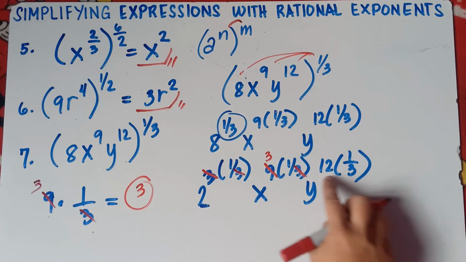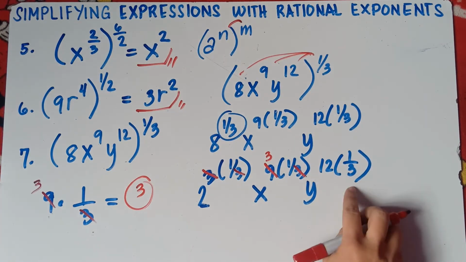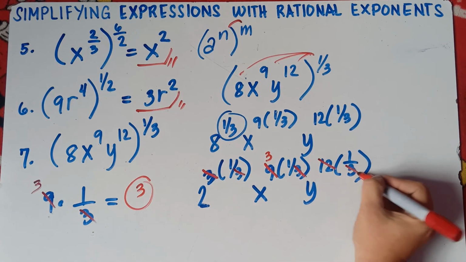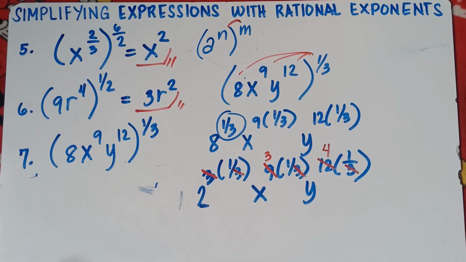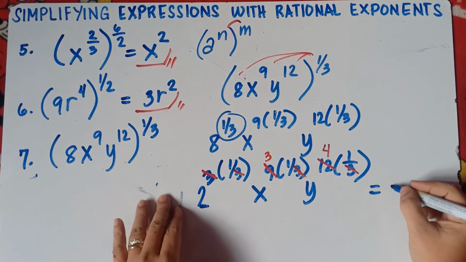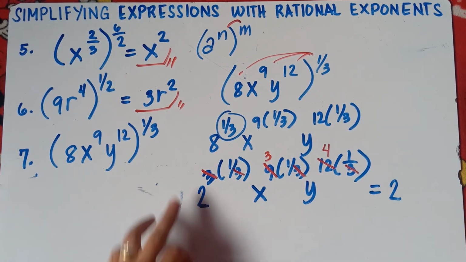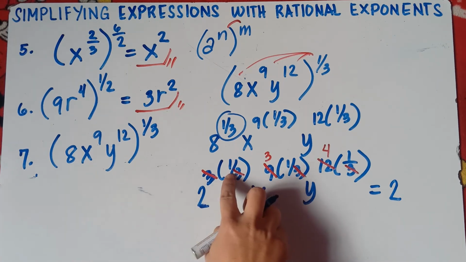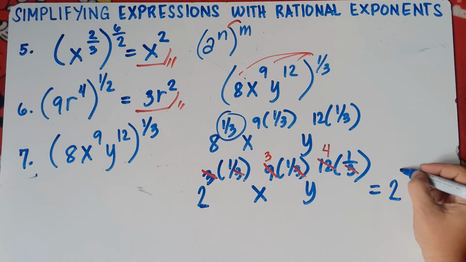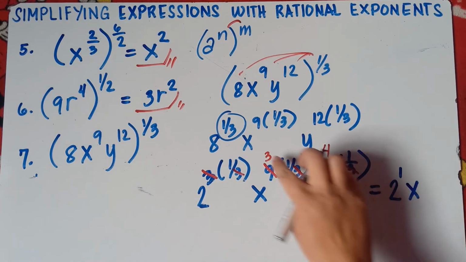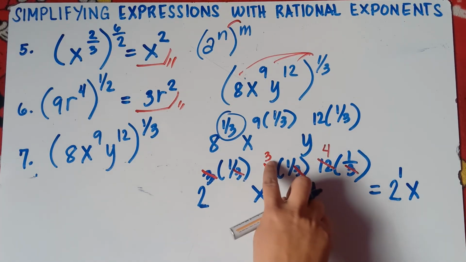How about this one, class? 12 and 3. Can we cancel this out? Yep. 12 divided by 3, that is 4. And then 4 times 1, that is 4. So our final answer will be, this will be 2 raised to the power of 1. So 3 times 1/3, we cancel 3, the remaining is 1. 2 raised to the power of 1, x raised to the power of 3.